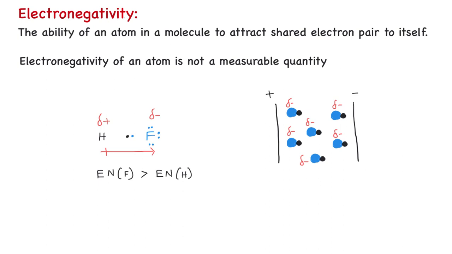Since the electronegativity values are not absolute, we use several different numerical scales to express the relative electronegativity values of various elements. The most widely used scale is called the Pauling scale of electronegativity values.